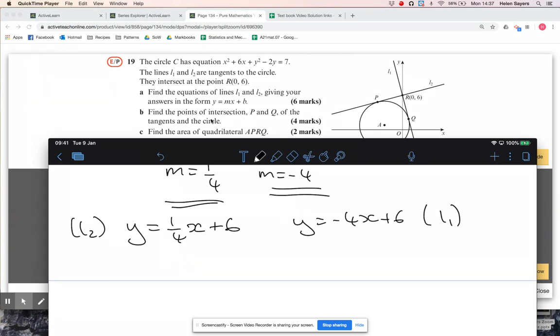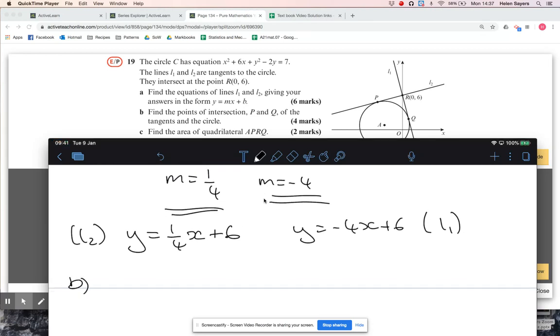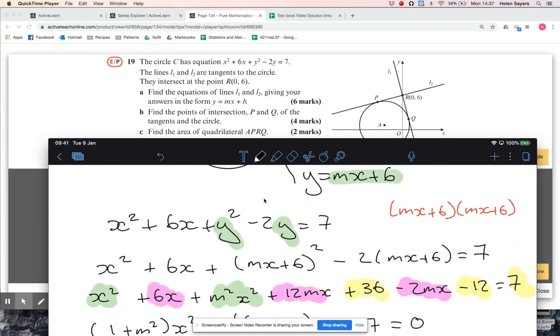Okay, so find the points of intersection P and Q of the tangents in the circle. Right, so where do those tangents touch the circle? Well, we've already kind of structured our answer for that, because that's what we were doing here.